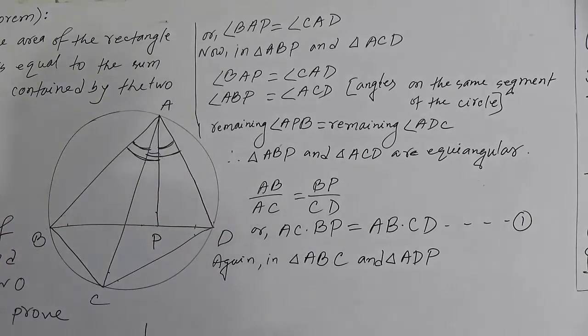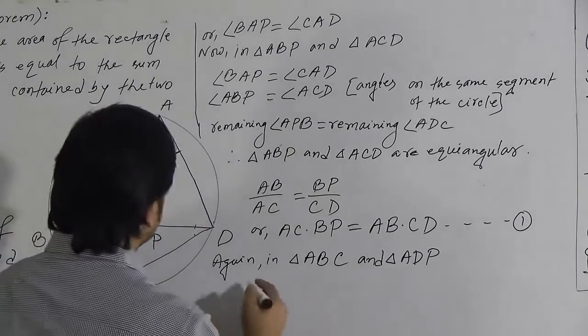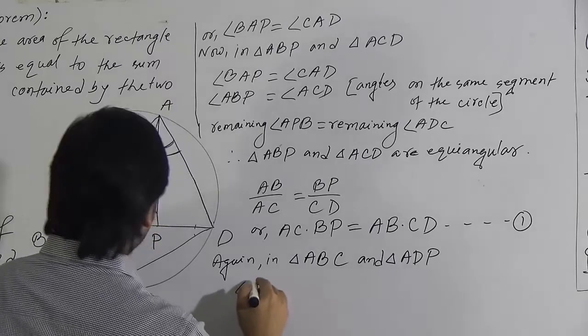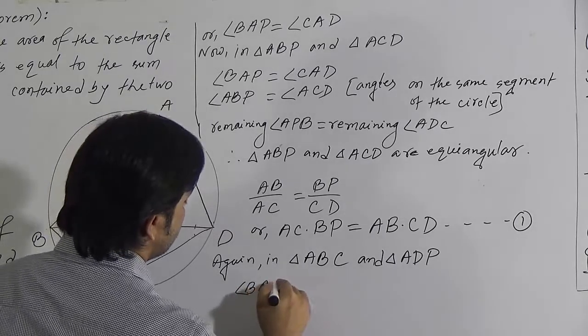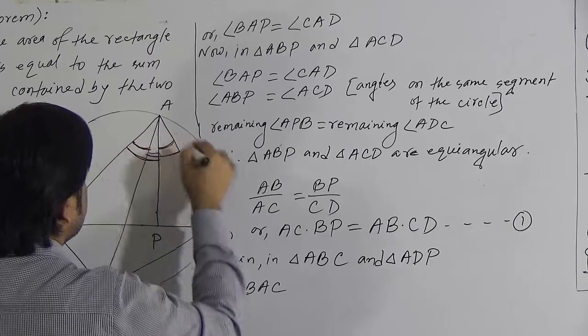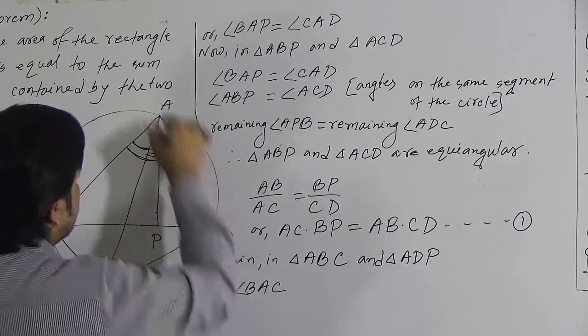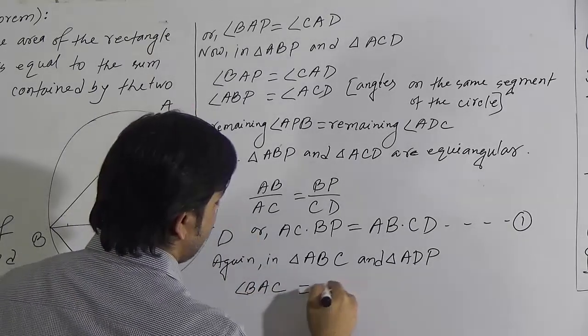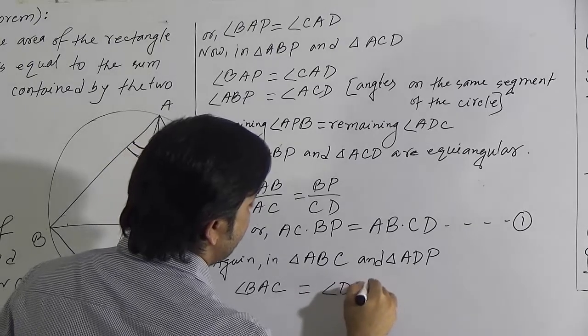What have we written here, BAP or DAP? We have written DAP. So angle BAC, meaning this angle, is equal to angle DAP.